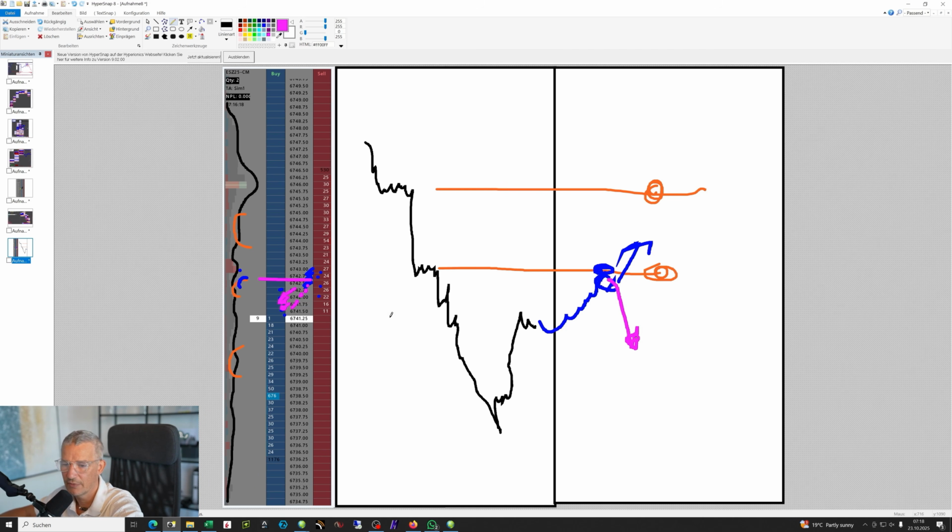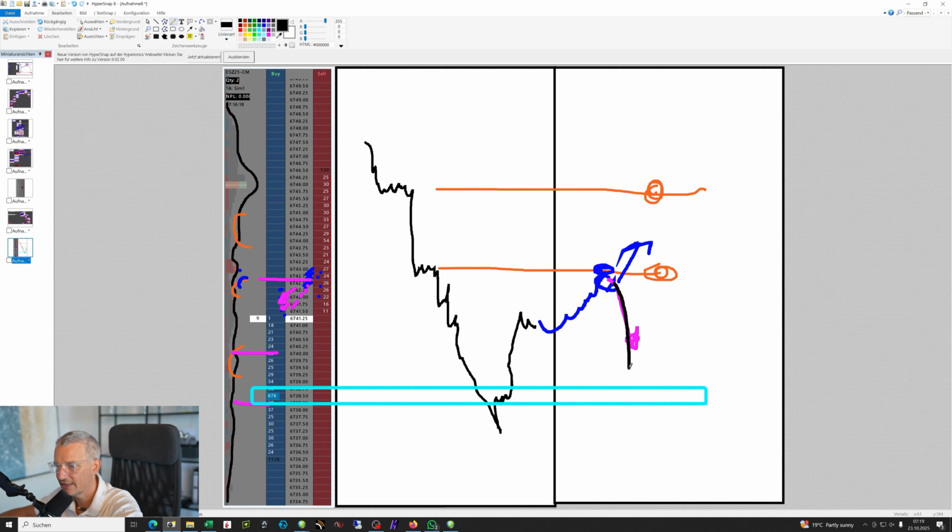And how far will it go? Exactly up to the next interesting price areas. In this case, we now have a great special feature, which is that we have a so-called big order down here. That's a magnet. So we know the probability is high that the market will move toward it.